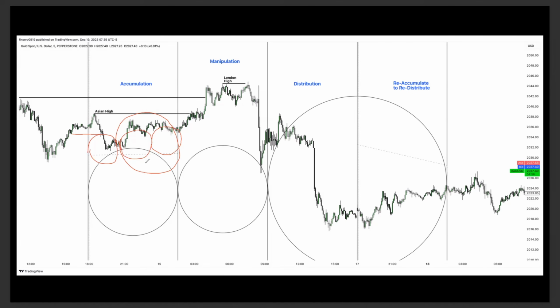Accumulation, reaccumulation to redistribute. Manipulation, distribution, reaccumulation, redistribution, accumulation, manipulation, distribution, reaccumulation, redistribution, accumulation, and so on and so forth.